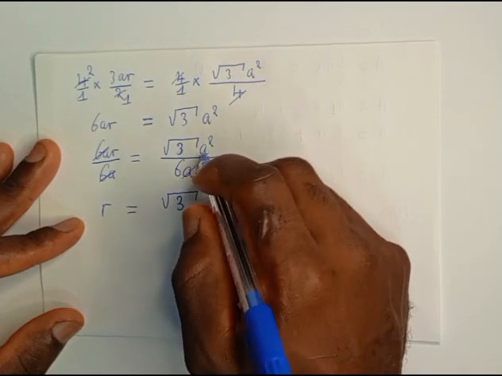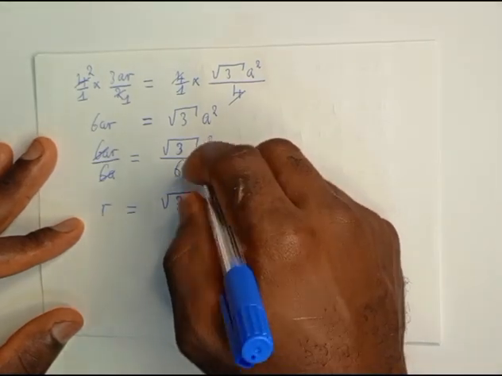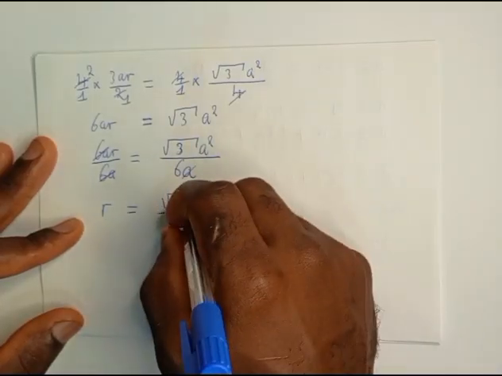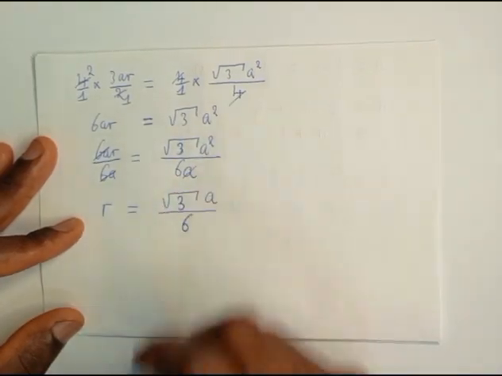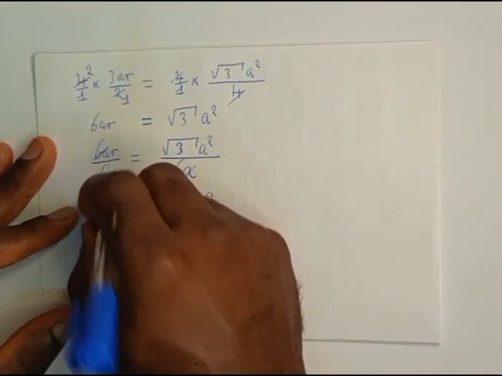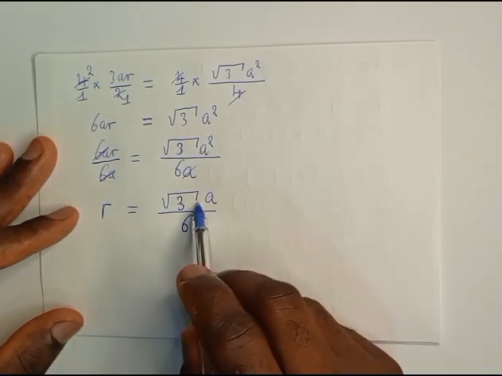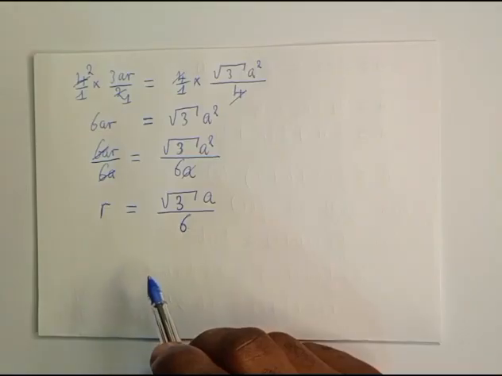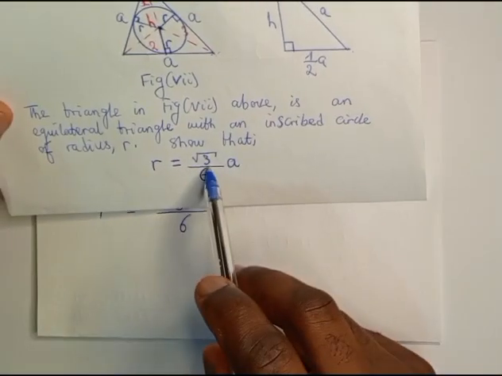A will go into A squared A times on 6. Our R will simply be equal to root 3A all over 6, which is what we are to show.